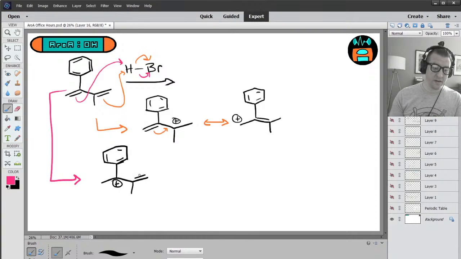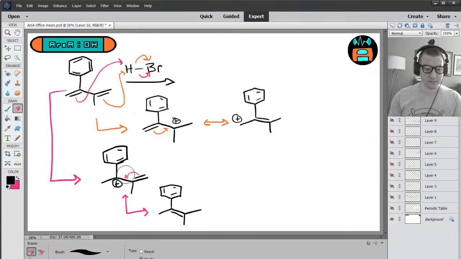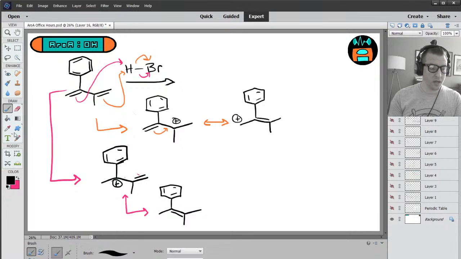Right, we get one from the other alkene, just like above. But we also get a boatload of resonance structures from the benzene ring.